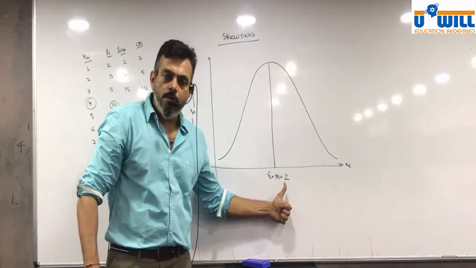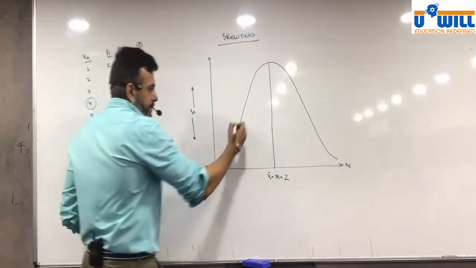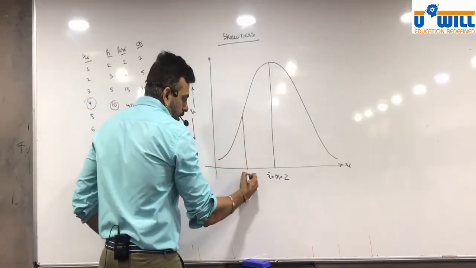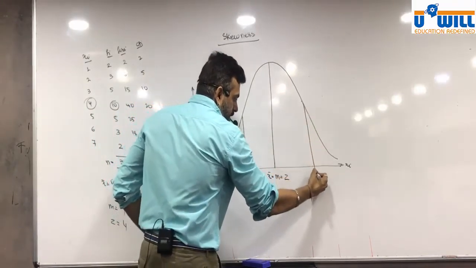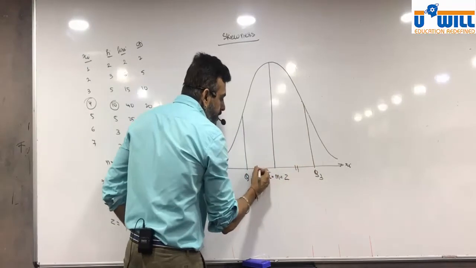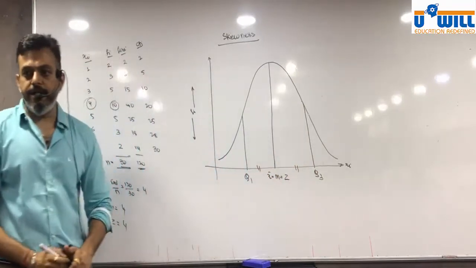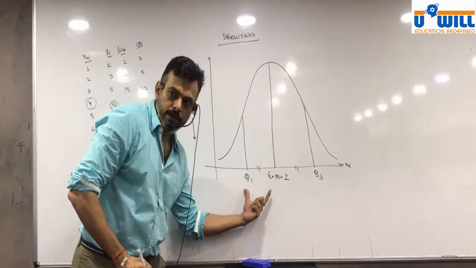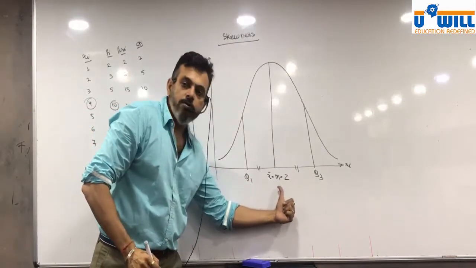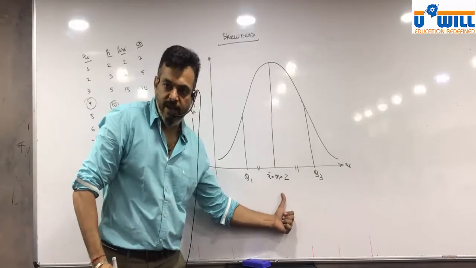Now this type of distribution, where you get a bell-shaped curve and your mean is equal to median is equal to mode, at the same time, quartile 1 and quartile 3 are at equal distance from the median. That is, this distance between median to Q1 and Q3 to median is same.